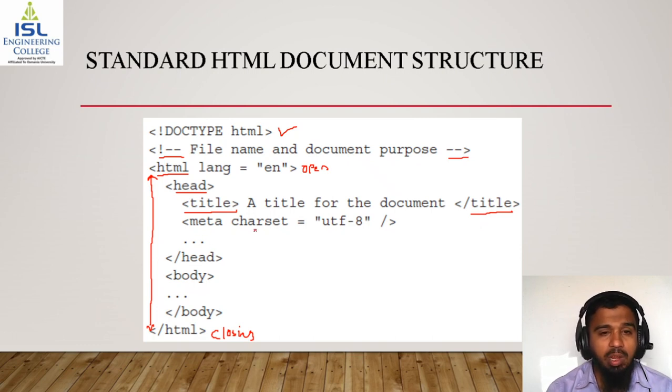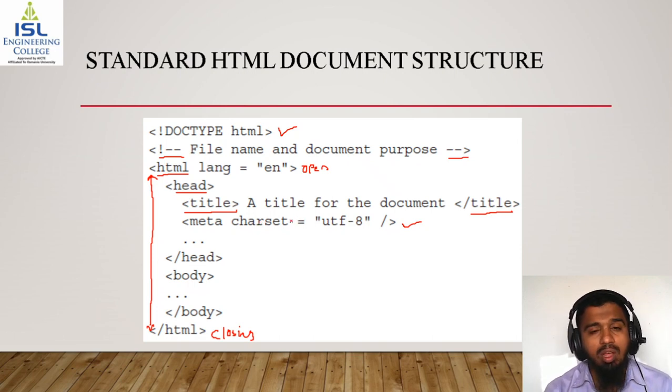And meta charset UTF-8 helps the browser easily understand and convert your language into machine language. For example, a computer understands binary language. So whatever you are writing here will be converted into machine code, and it will display the result. If you mention this, then the browser will easily understand.